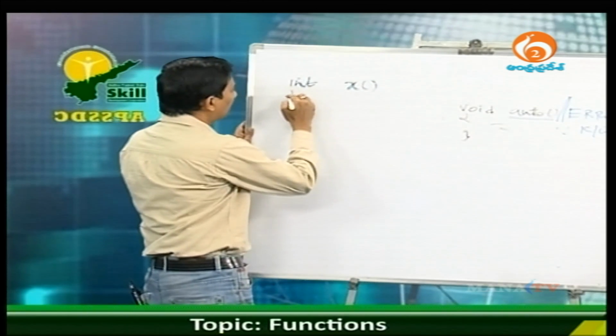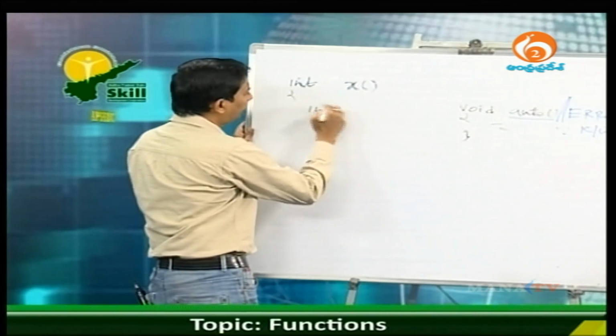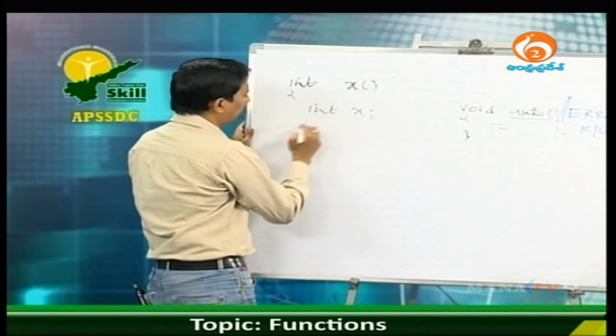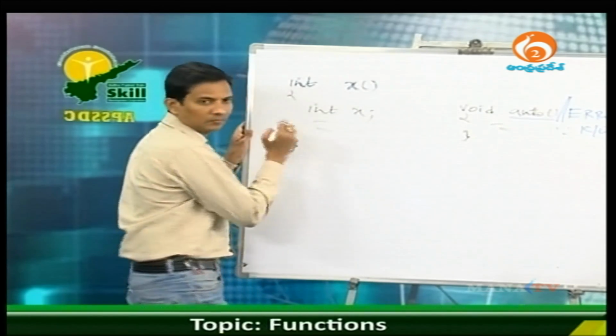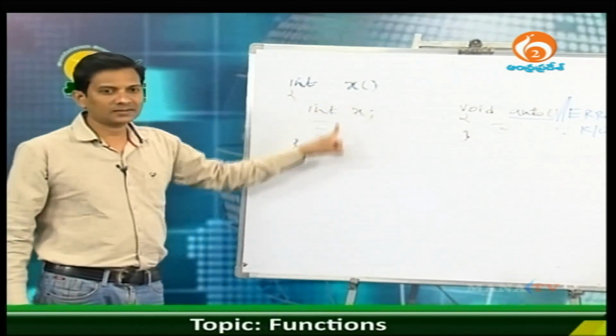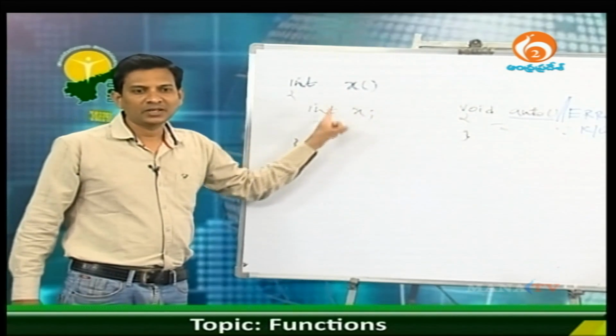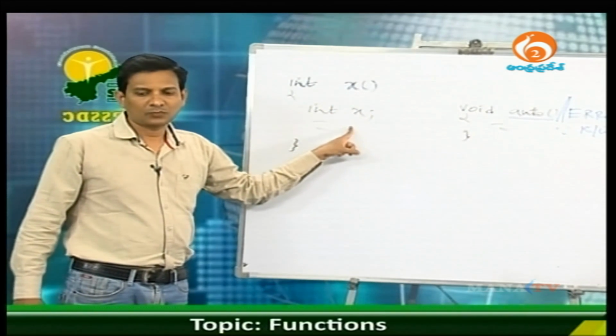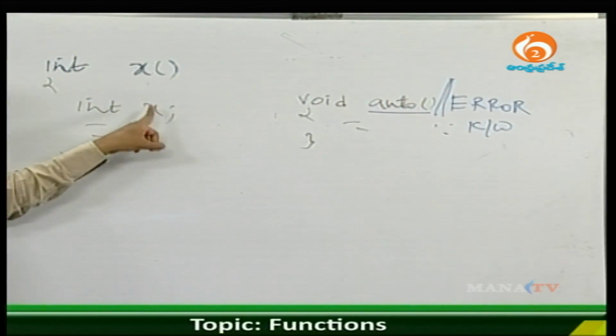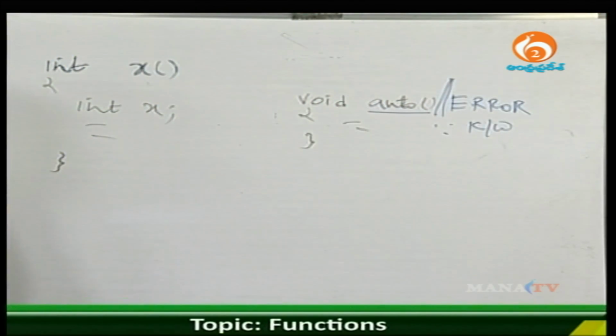Next, int x, semicolon. Now you tell me, just look here. int x is the function name, and int x is also a variable. A function name and a variable name should not have the same name.